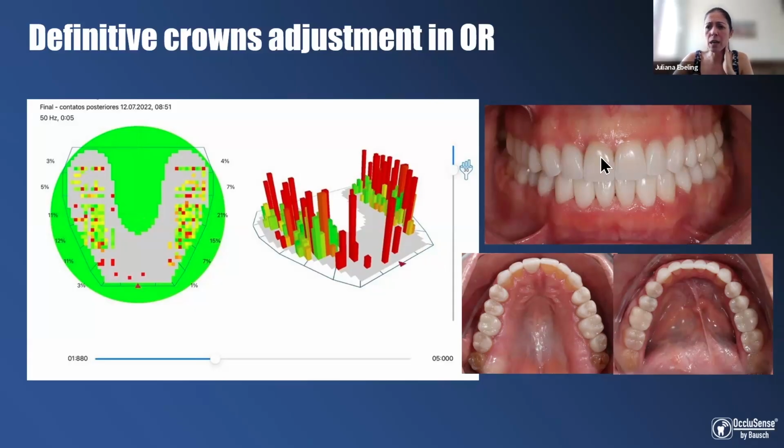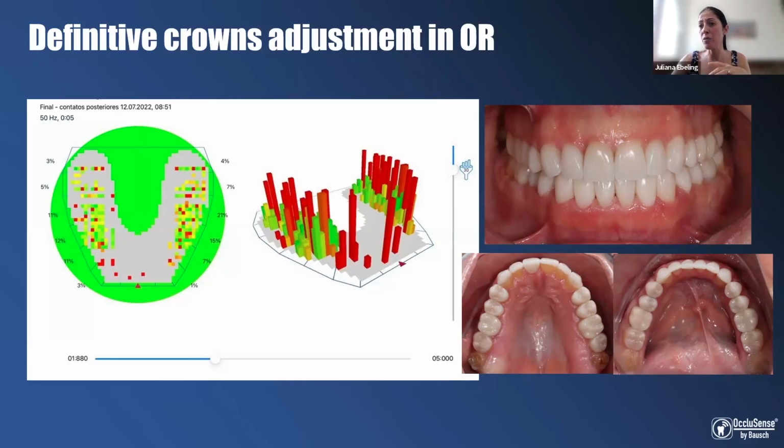This contact in a normal patient could be accepted, but for this patient, exactly on these teeth, I had periodontal disease before, and this contact is not accepted. So I had to adjust. This is a ceramic crown, the distribution of resilience of this crown.